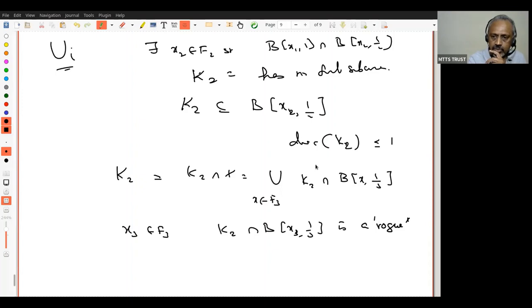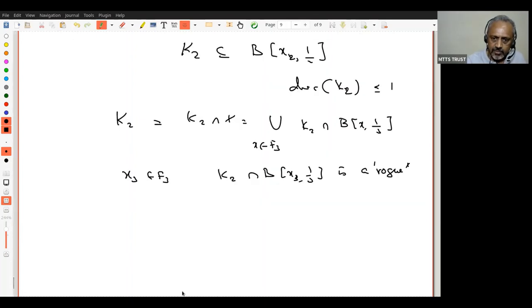Because if each one of them is not a rogue, that would mean, this being a finite union, K2 is not a rogue. But that's a contradiction because by our choice, K2 is a rogue. Do you follow that? Therefore, by induction, I have a sequence Kn.